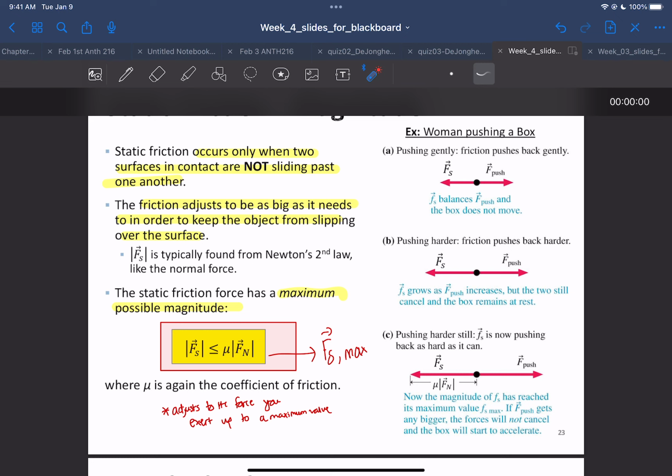If nothing is acting on that object at all, then there's 0 static friction force, because at that point, if nothing's acting on the object, or the object isn't acting on anything, then there's no point to stop it because it's not doing anything. So what's there to stop, you know?